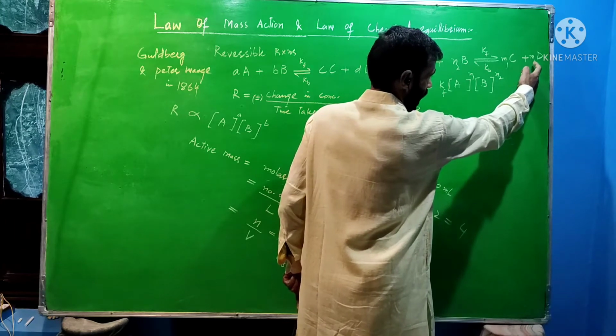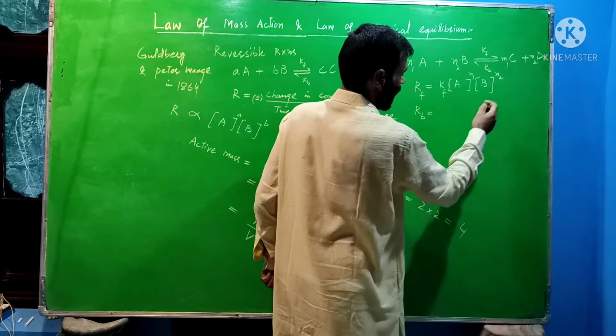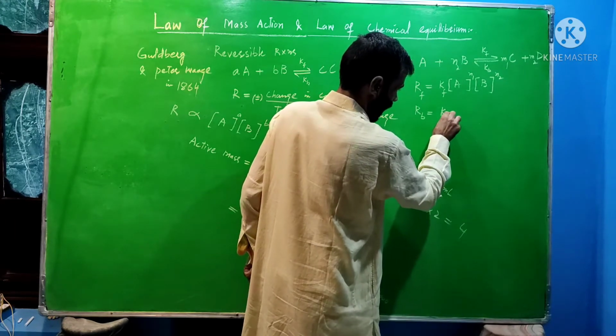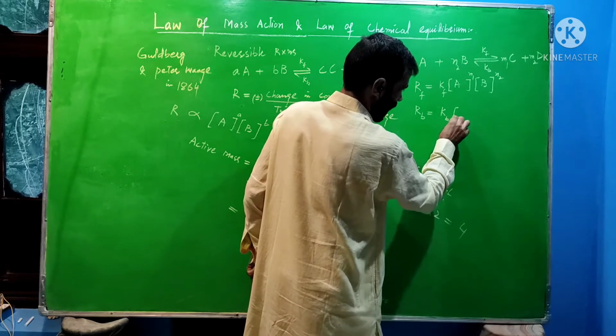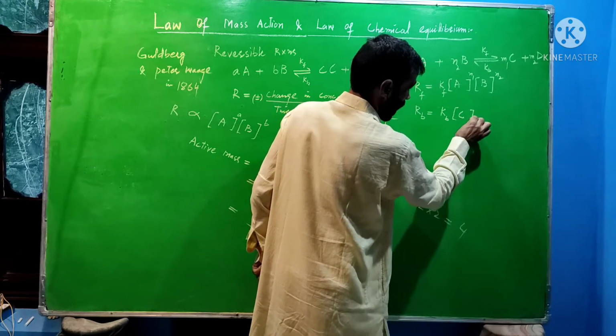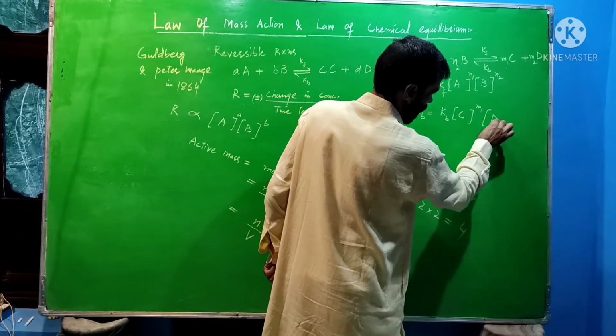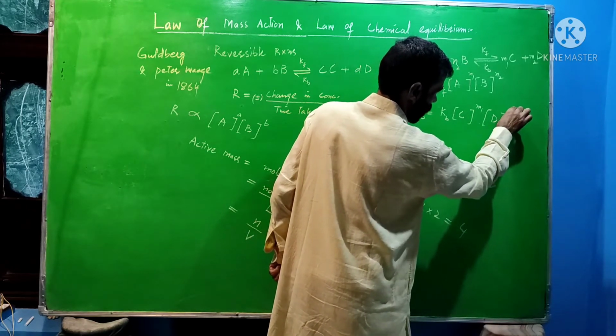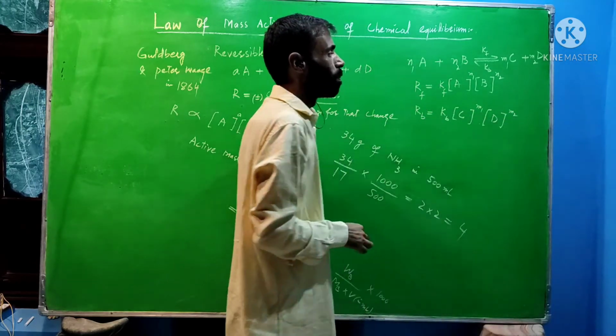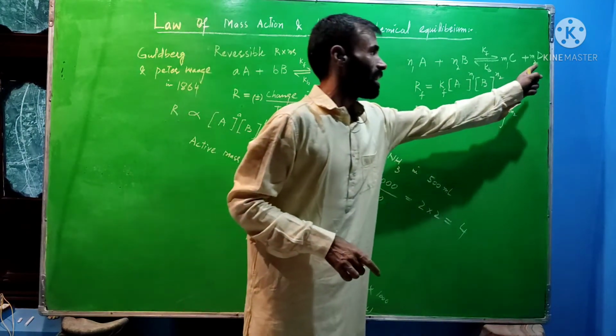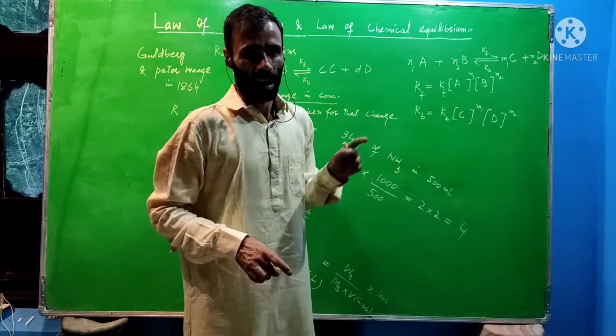In the backward direction, C and D are the reactants. So I write Kb times the concentration of C raised to the power M1 and D raised to the power M2. So this is the law of mass action for the backward direction.